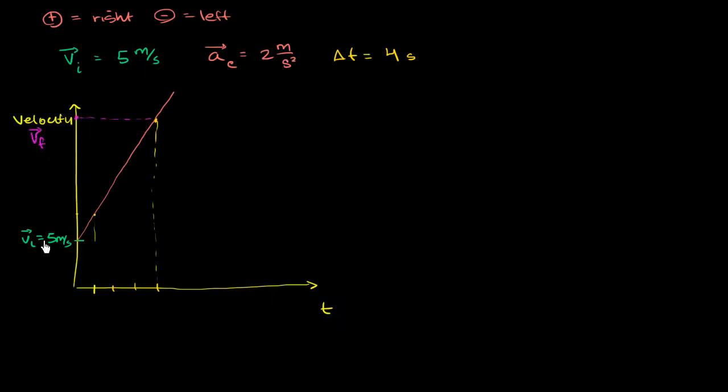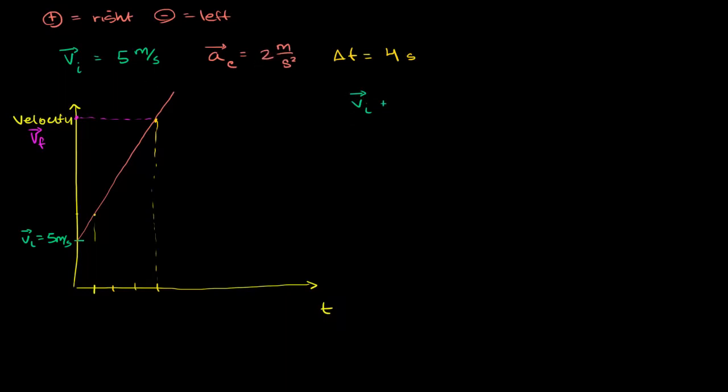And what would it be? Well, I'm starting at 5 meters per second. I'm going to do it both using the variables and using the concrete numbers. So I'm starting at some initial velocity. The subscript i is for initial. And then each second that goes by, I'm getting this much faster.